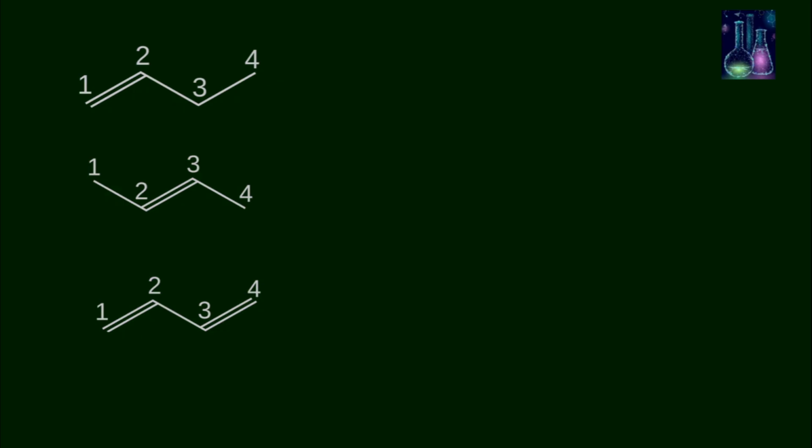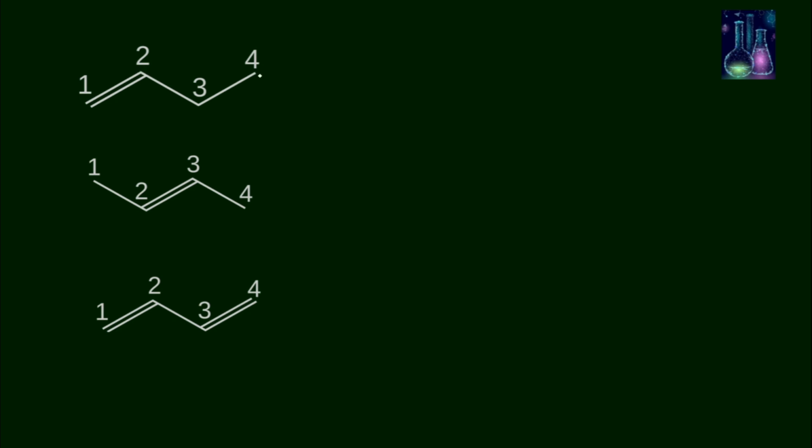Now let's solve some examples. Okay, now let's see some examples and apply those rules. Now we have a skeleton chain of 4 carbon atoms having a double bond between the first carbon and the second carbon.